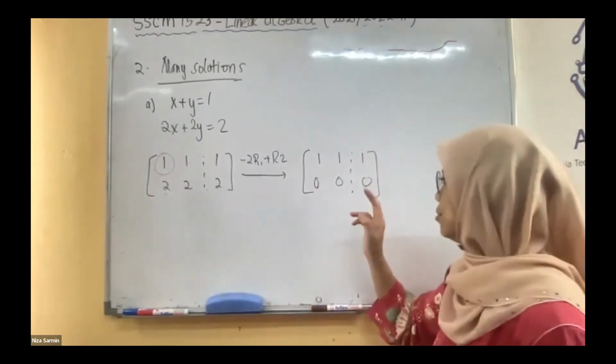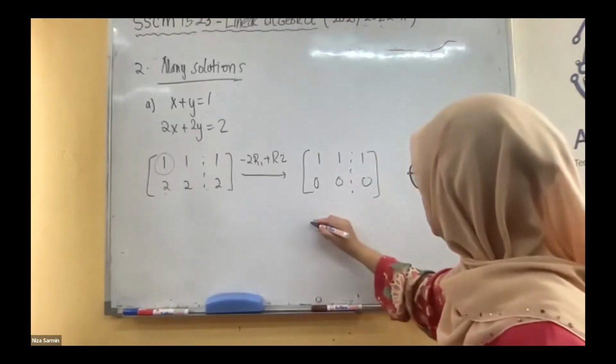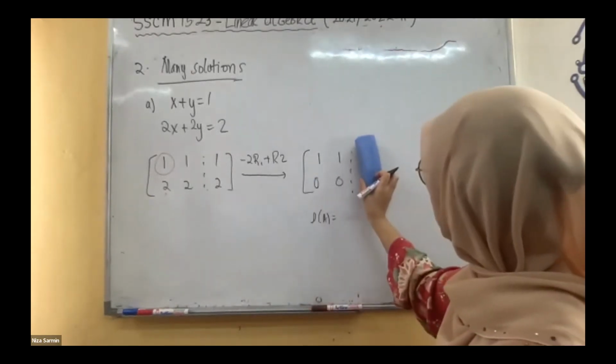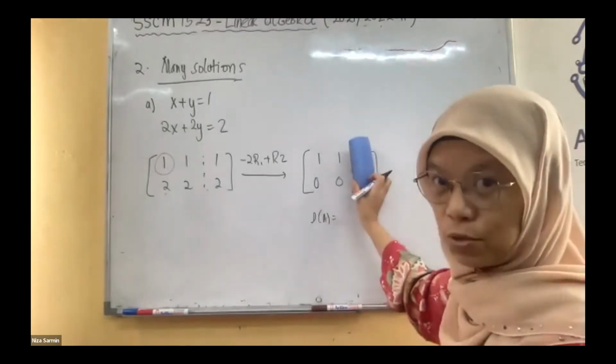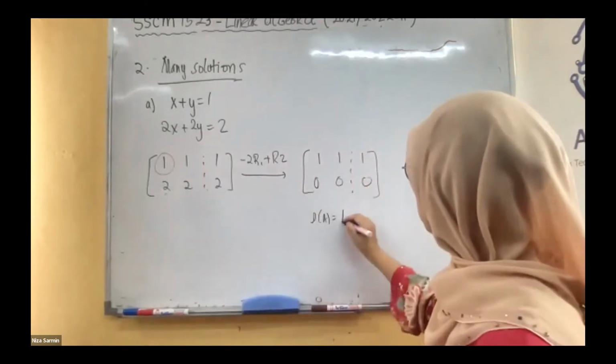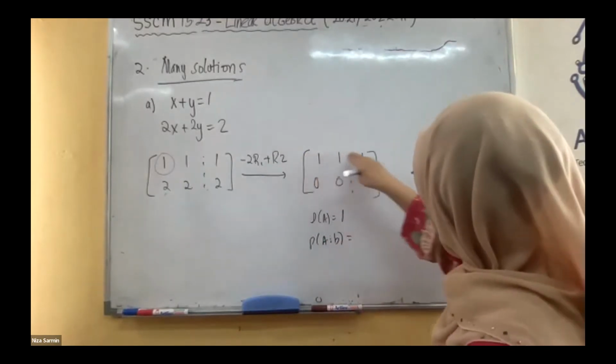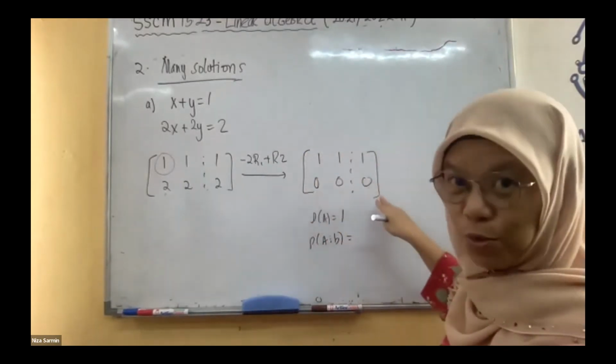The rank of A is 1, because there is only 1 non-zero row. The rank of the augmented matrix AB is also 1.